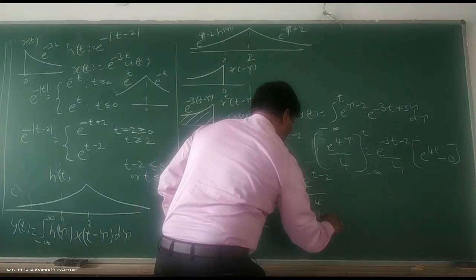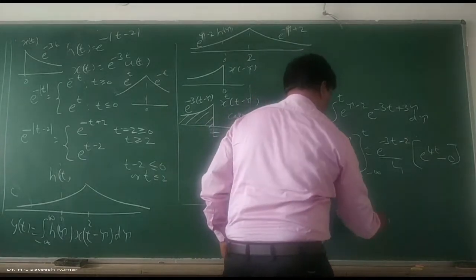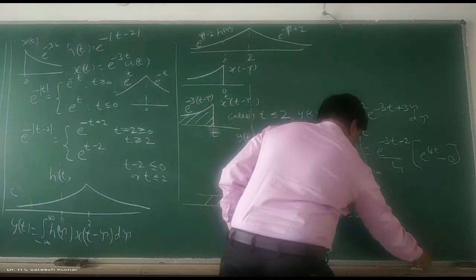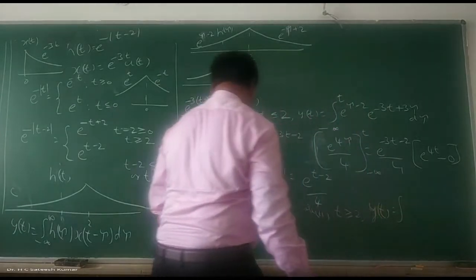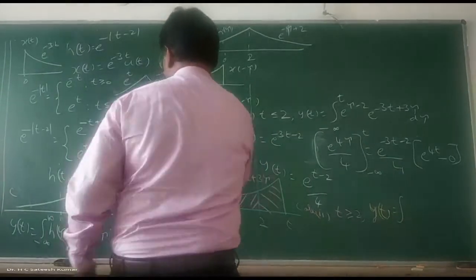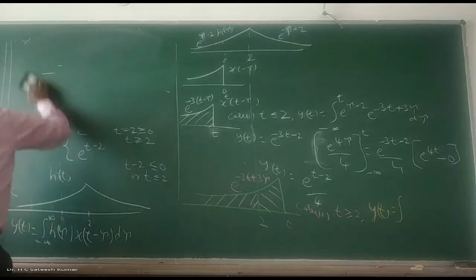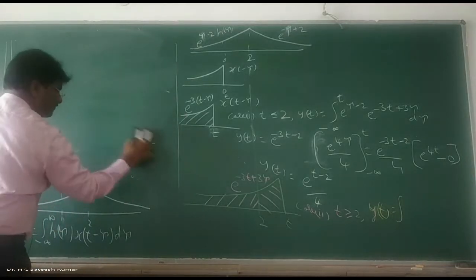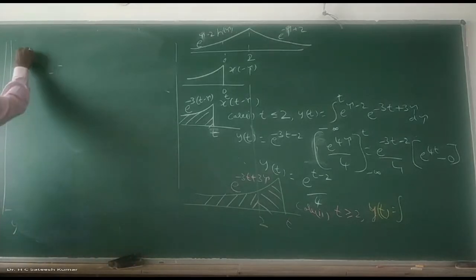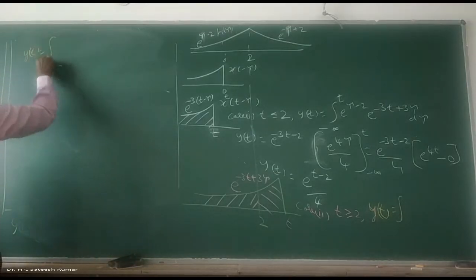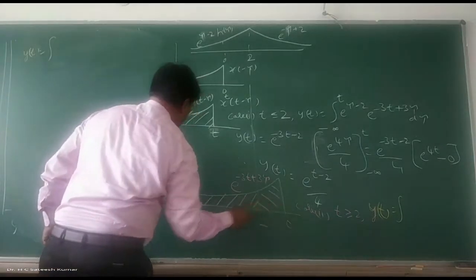Case 2, I can write it as t greater than equal to 2. t greater than equal to 2. y of t is equal to integration from, I can write it, I don't have space there, I'll write it here. y of t is equal to integration. First, you'll have to split it. Minus infinity to 2, 2 to t.